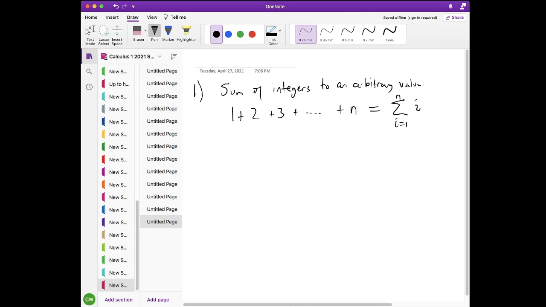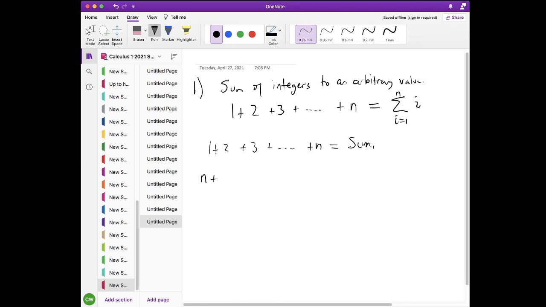Okay, so what I'm going to do is look at 1 plus 2 plus 3 plus all the way to n, and let's call this equal to sum. Now let's express this in the reverse way. Let's start with n and then work our way down. So my first term is n. Then what's my second term? Think of this like factorial, but with addition.